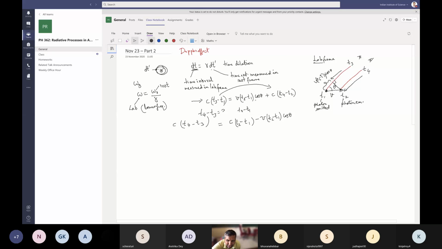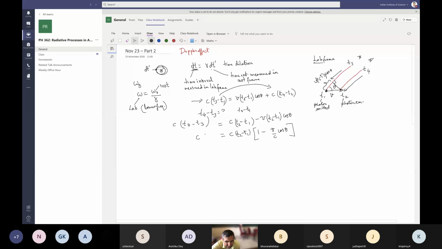Okay, I just rearranged this equation where I was writing this distance in terms of the light emission and observation times. So this is nothing but c (T2 minus T1) times (1 minus v/c cos theta).